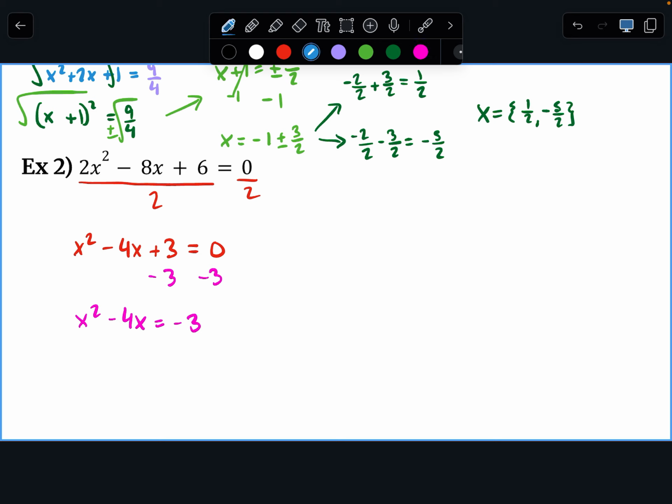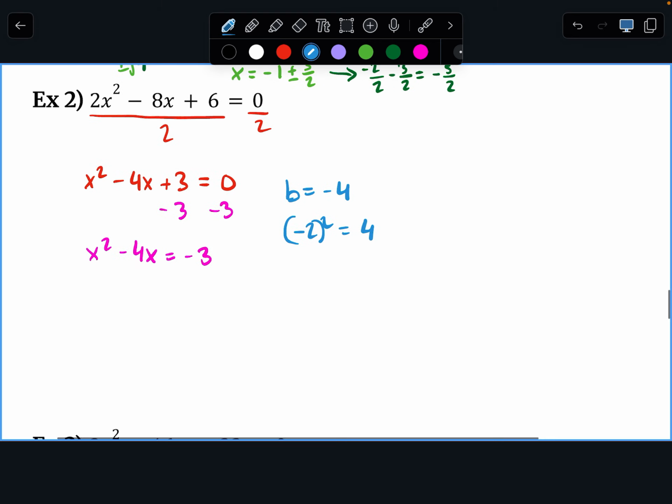Now I look at b. b equals -4. Take half of it and square it. We get +4. Add 4 to both sides. So I have x squared minus 4x plus 4 equals 1. Perfect square trinomial on the left. Square root the first and the last term.